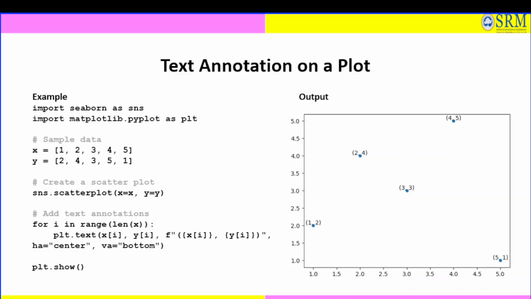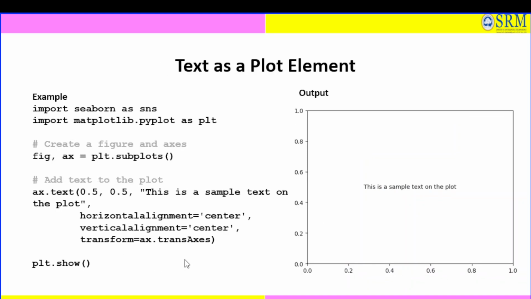All these things can be annotated easily on a plot. So how do we achieve this annotation? Normally you create a scatter plot, and in order to add text annotations, we use the text method on this data and you can annotate it.